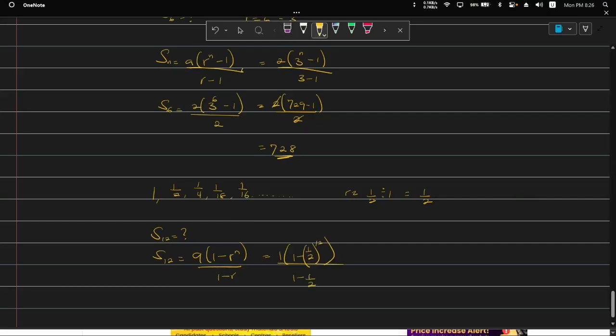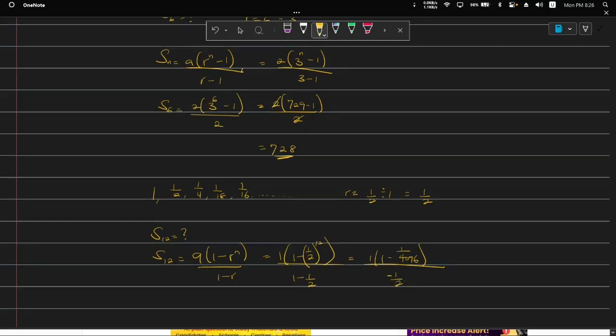Are we together? Which takes us to 1 into bracket 1 minus 1 over 2 raised to the power 12, because 1 raised to the power 12 is 1. 2 raised to the power 12 is 4096. 1 minus half is 1 over 2. Are we going somewhere?